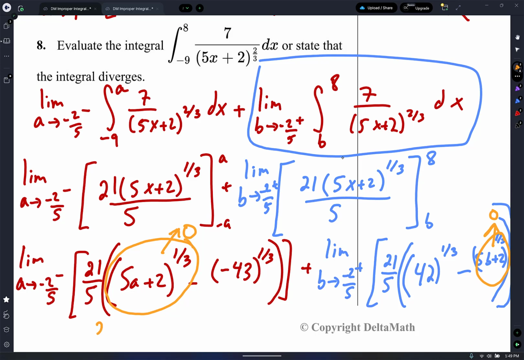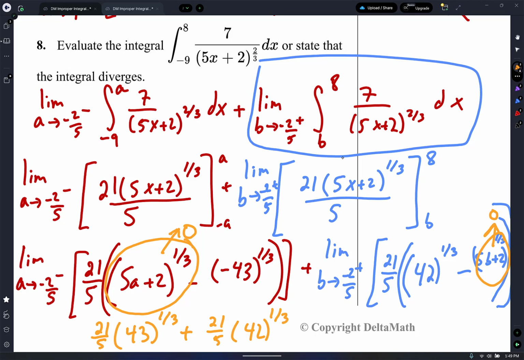I have 21/5 times 43 to the 1/3 plus, same thing over here, plus 21/5. Oh, this one's 42. Did I mess up with the counting? 42 to the 1/3. I'm going to leave it like that.